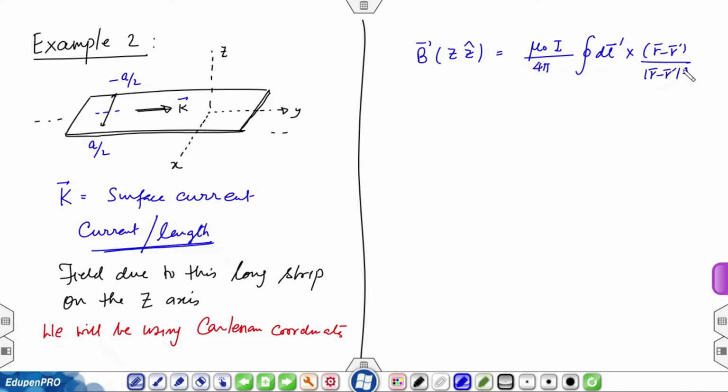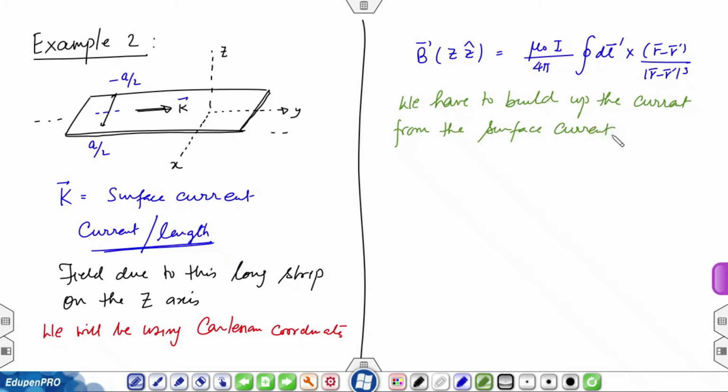However, in this case I do not have an I. In this case I have a surface current. So, we have to build up the current from the surface current. We will do it formally later, but right now let us see how we do that.